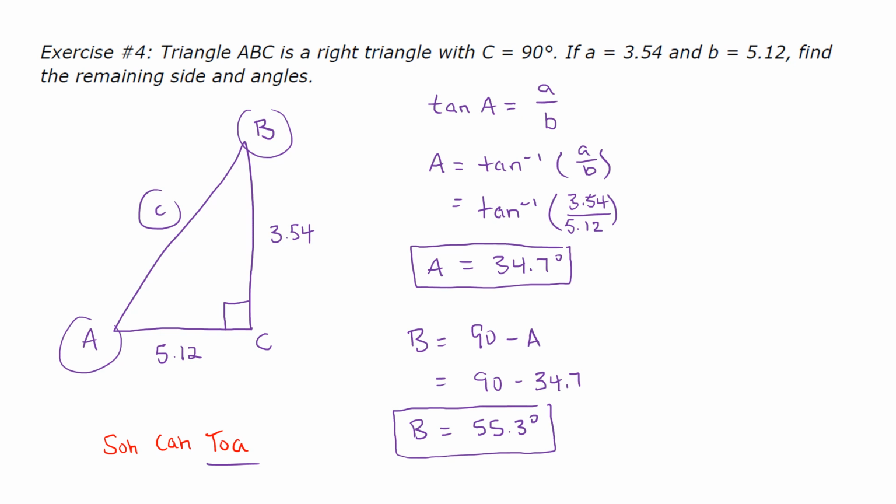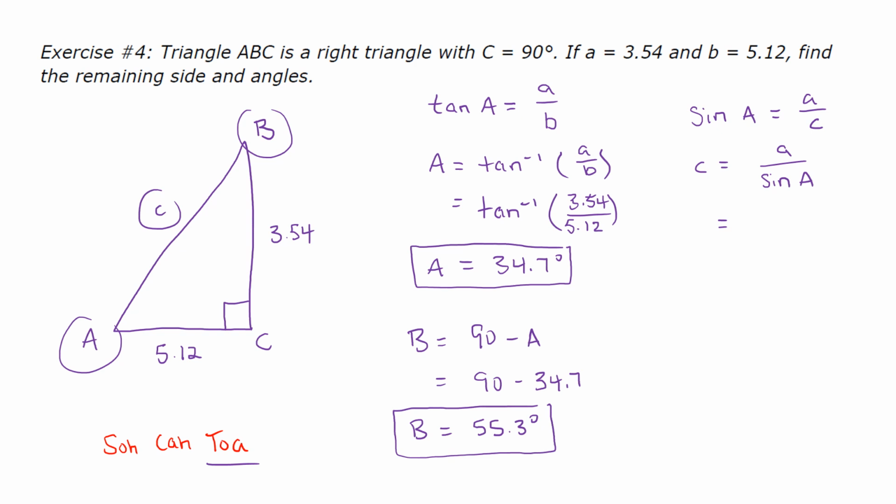I'm going to use the opposite side, so the sine of angle A will be the opposite over the hypotenuse. The hypotenuse, C, then will equal A over the sine of angle A.